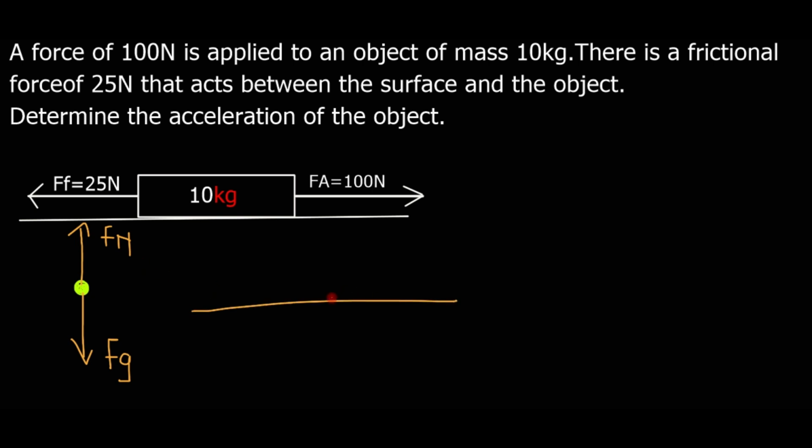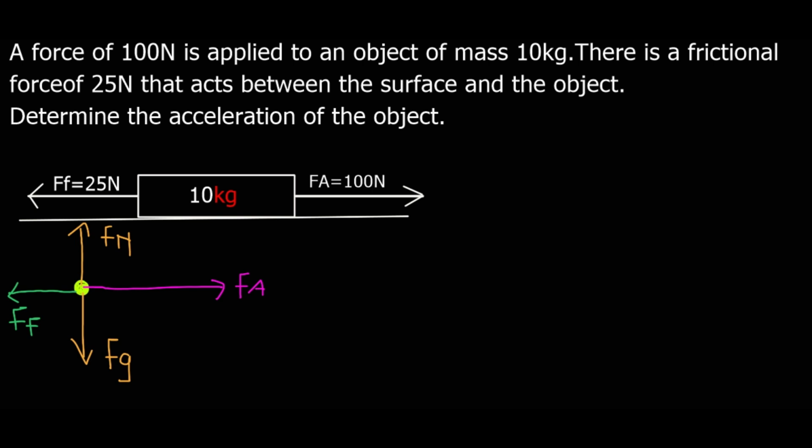This is our surface, and the normal force goes in this way to create 90 degrees. And then we have the force applied in this direction. And then we have a frictional force, because frictional force always acts opposite to the direction of motion.